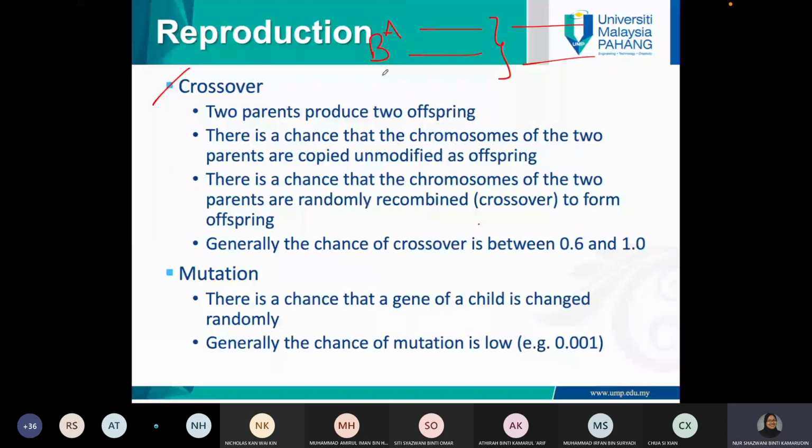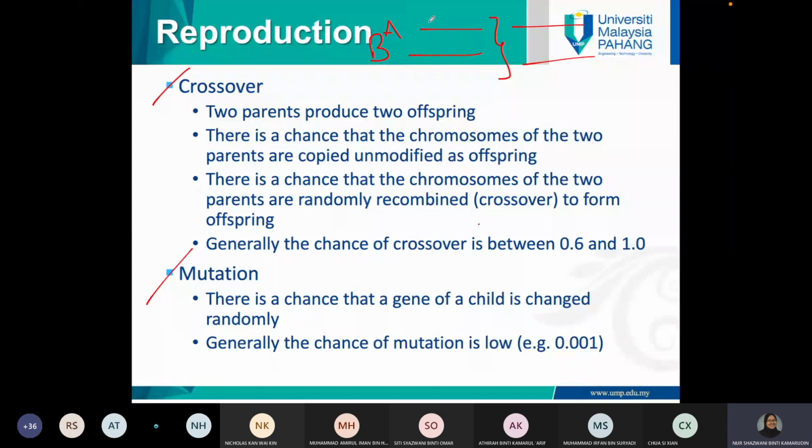There is a chance that the chromosomes of the two parents are copied unmodified as offspring, so there is a tendency that they are just similar chromosomes. There is also a chance that the chromosomes of the two parents are randomly recombined to form offspring. Generally the chance of crossover is between 0.6 and 1.0.